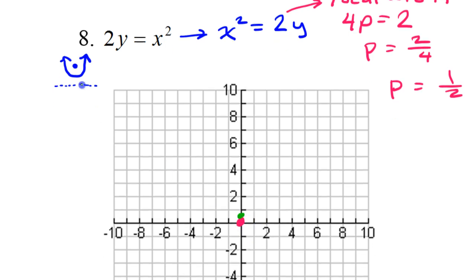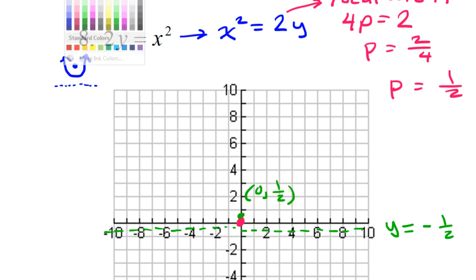My directrix should be a horizontal line that is down half a square. So it's going to be right here going through the middle of these squares. Okay, horizontal lines are always y equals something. This is y equals negative 1/2 because it's down half a square. The focus here is 0, 1/2.